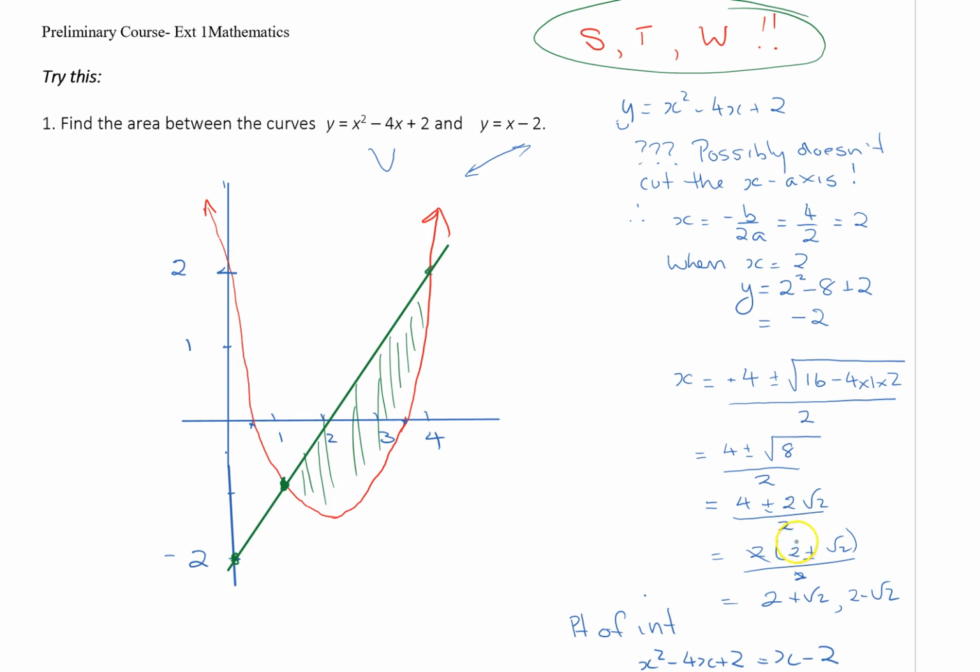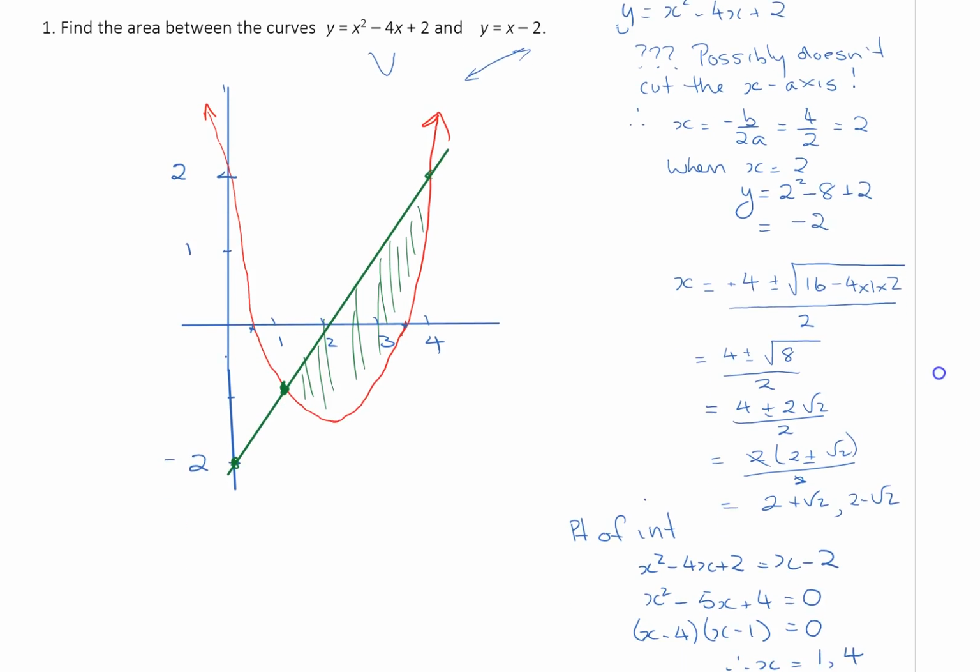I didn't know whether that at this stage would be important, so I'm using my quadratic formula to identify the two x values, and you get 2 plus root 2, which is a bit more than 3, and 2 minus root 2, which is about a half. I know the middle of that is 2.